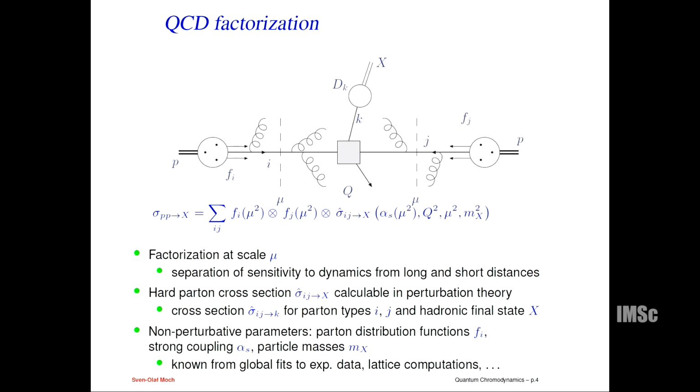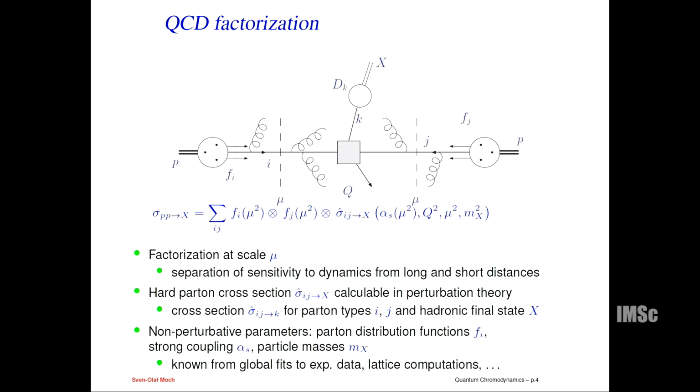This is a factorization scale at which we separate the two physics processes. Yeah? And this factorization scale is something arbitrary. There is no physics law that tells us at what scale that should happen. It should just happen somewhere between the scale of the proton, like a GeV, and the scale where our hard scattering is happening.